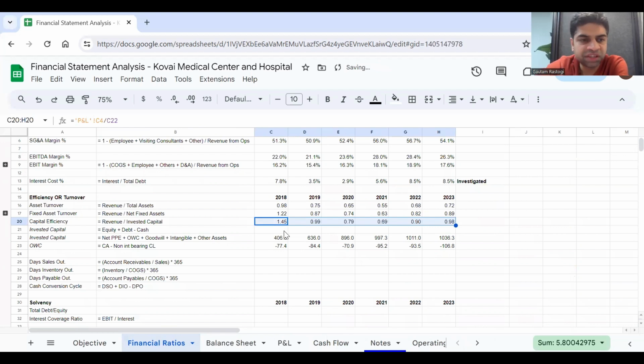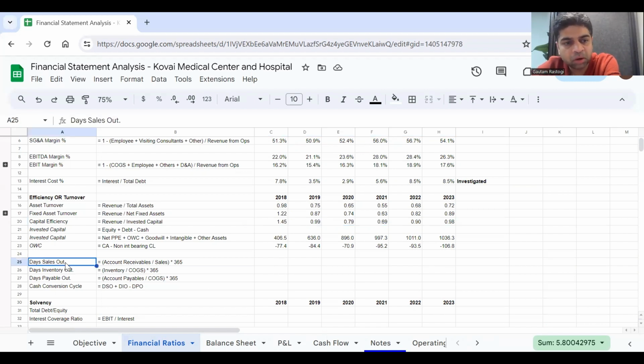Again, it's more than fixed asset turnover because invested capital, the way I've estimated it, is lower than your fixed assets, right? But the story, the trajectory remains the same. It was higher initially, went low, now it's slowly coming back. And the reason is the same: they've done capacity expansion, and right now they're not at their optimal utilization level yet.